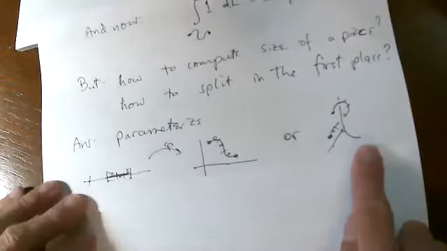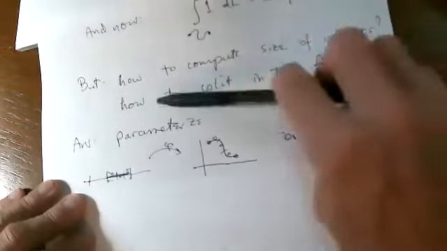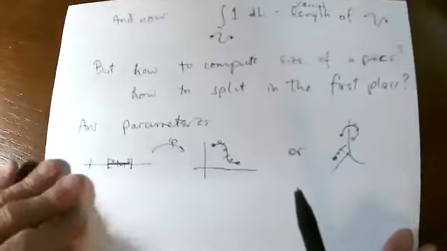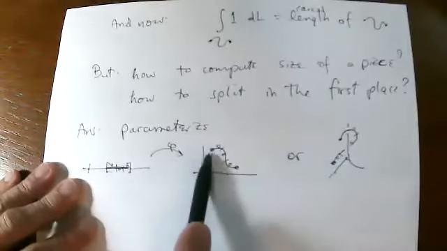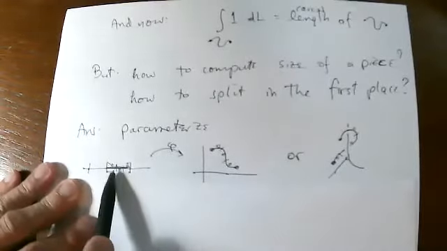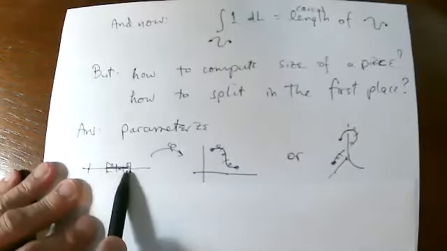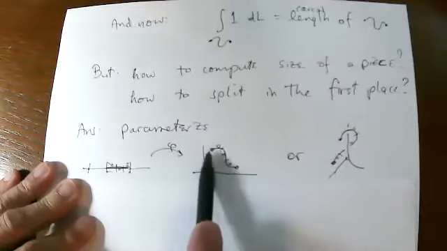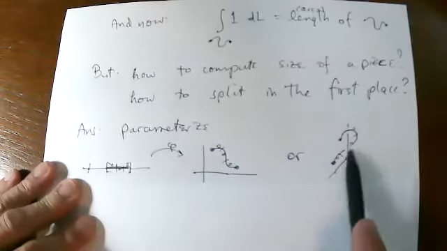And I've even indicated how I'm going to answer this question of how to split the curve up in the first place. Once you have a parameterization, then the natural thing is to split this curve up into pieces, just split the interval up into pieces. Then you watch where each one of these little intervals gets carried in 2- or 3-dimensional space.